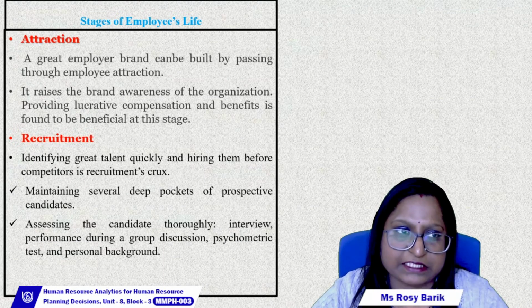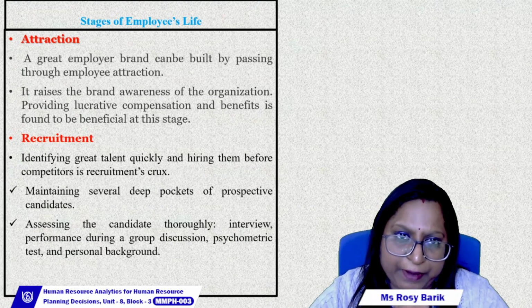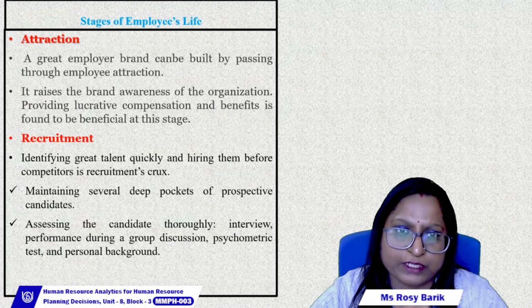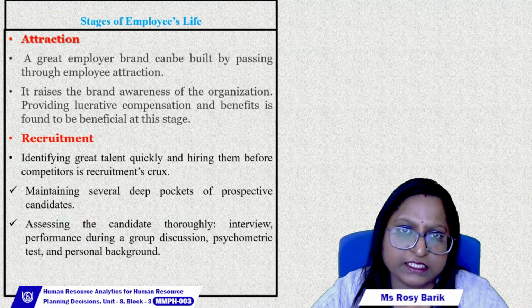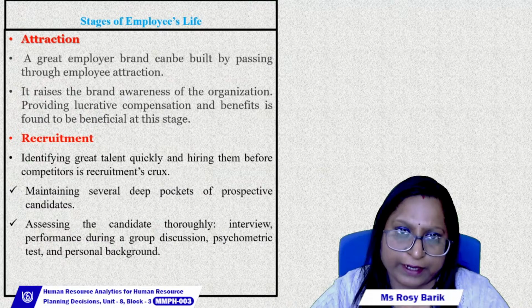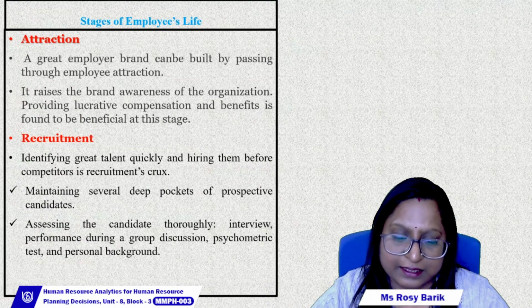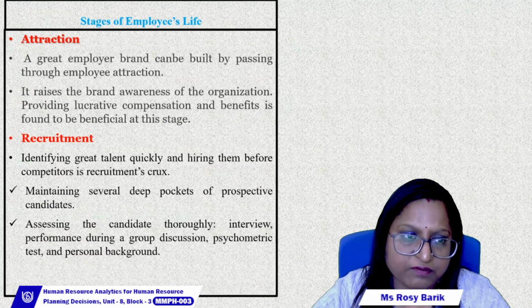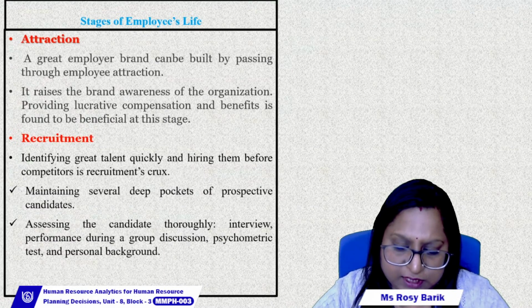From this advertisement, talented people get attracted, whether employed in another organization or unemployed. They apply through the form, and from this application they get recruited through various processes.